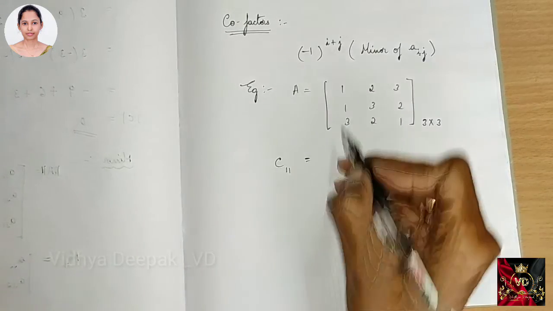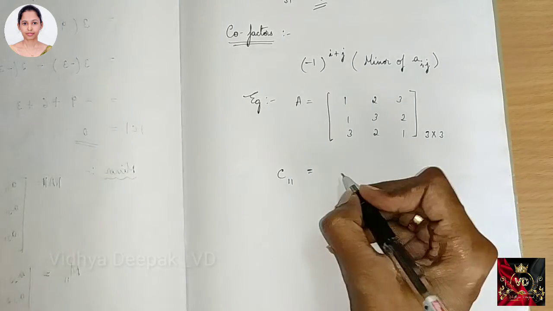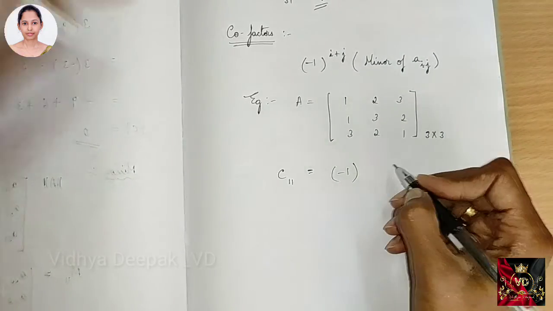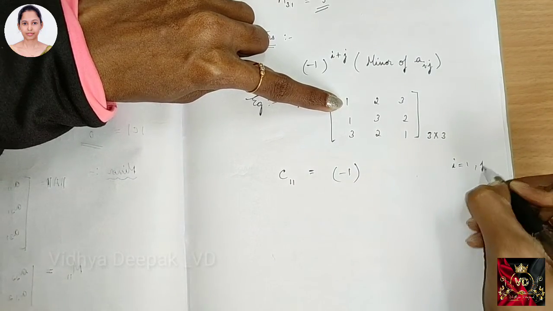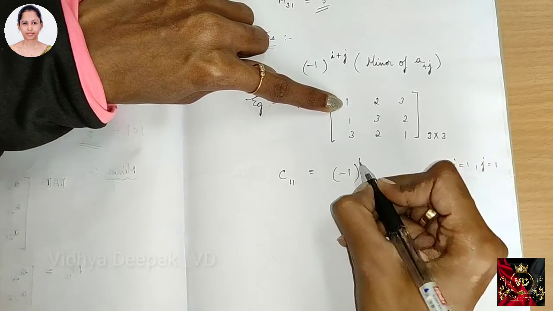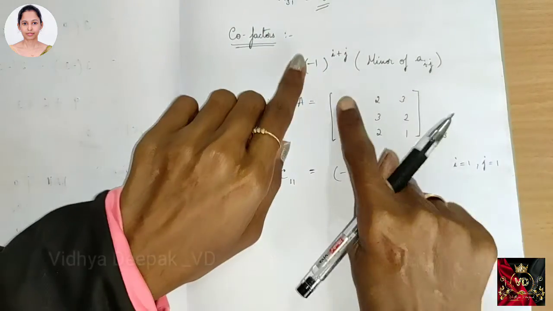So that is C11, first row, first column. So it will be minus 1 to the power of, i is equal to 1, j is equal to 1. That means 1 plus 1 into minor of this A11.